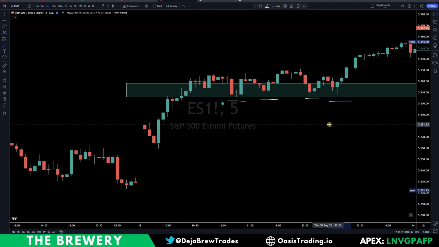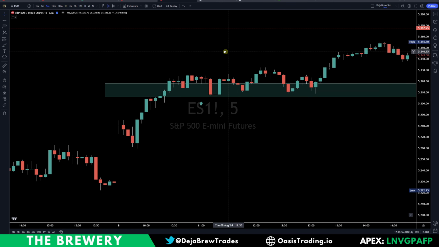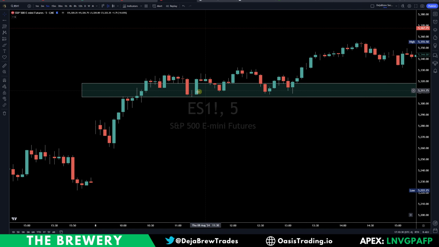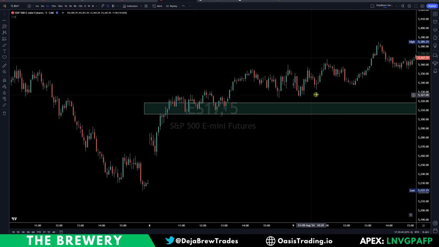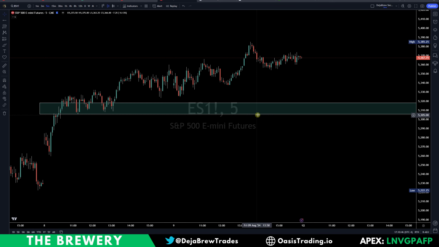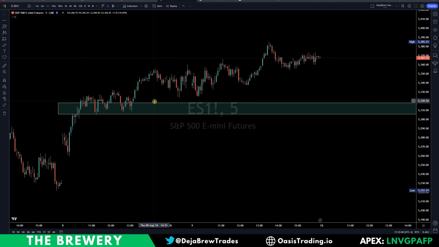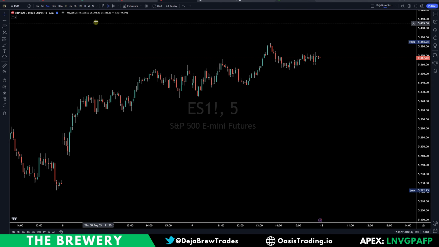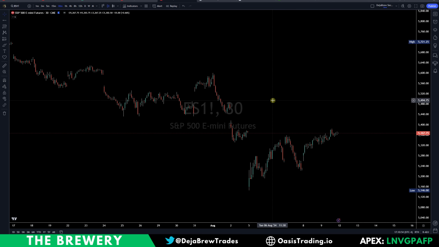So even if you had an extremely tight stop loss, you would have been fine. Okay? That is how you can use it, by drawing it on the 30-minute and then looking at it on the lower time frames. And that zone is actually still in effect. But all right, guys, that is how I use overlapping wicks to find supply and demand zones.